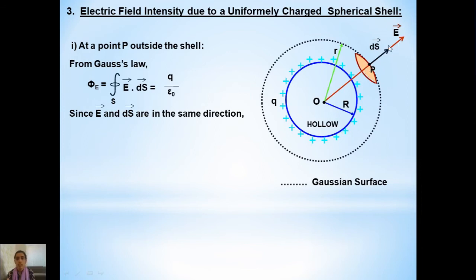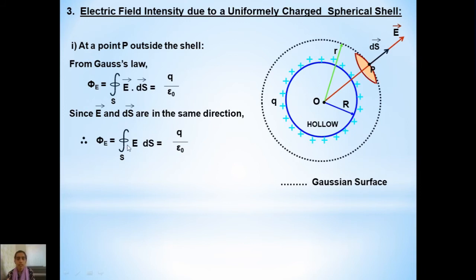Since vector E, that is the electric field, and the area vector are in the same direction, the angle between them becomes 0. Theta will be equal to 0. Therefore, the electric flux equation is E ds cos theta. We know the value of cos 0 degree is 1.